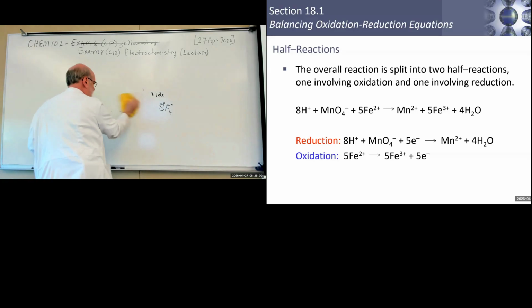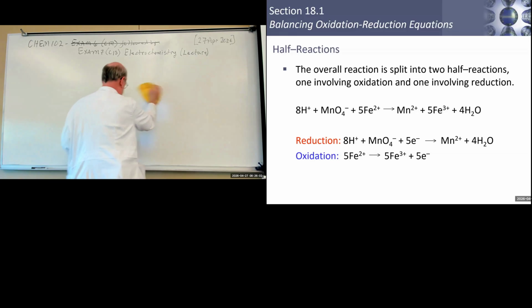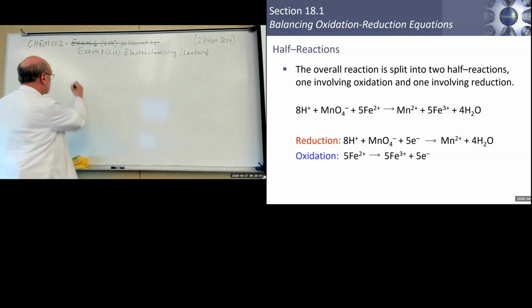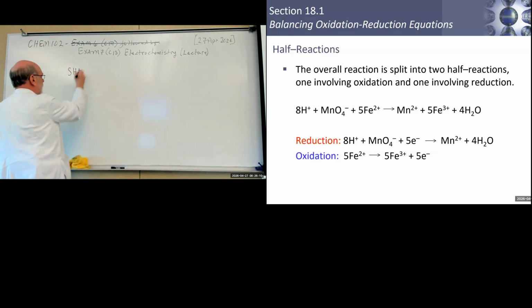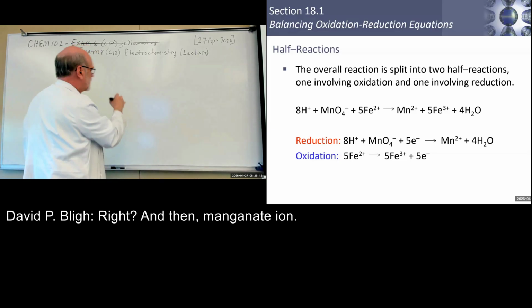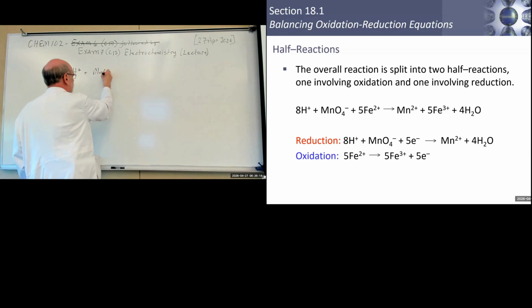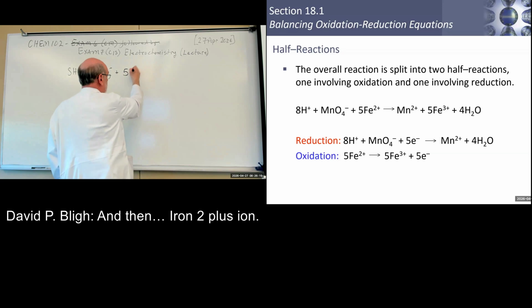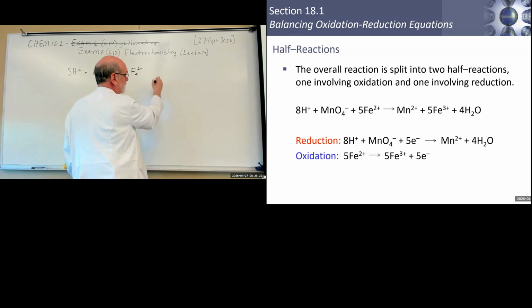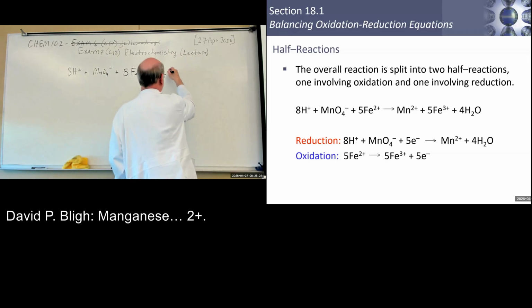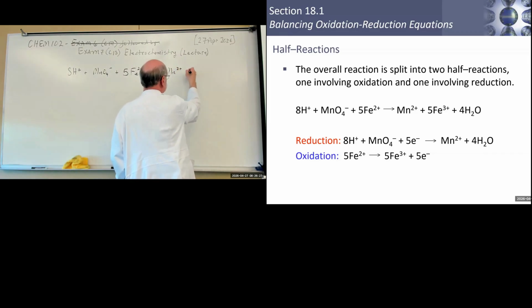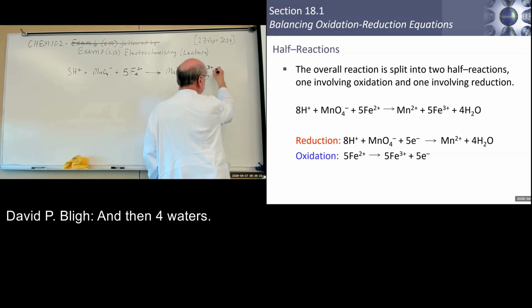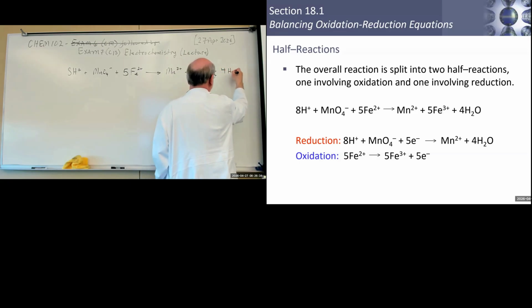So before we do that, let's take this balanced equation: the manganate ion and the iron 2+ ion yield manganese 2+, 5 iron 3+, and then 4 waters.